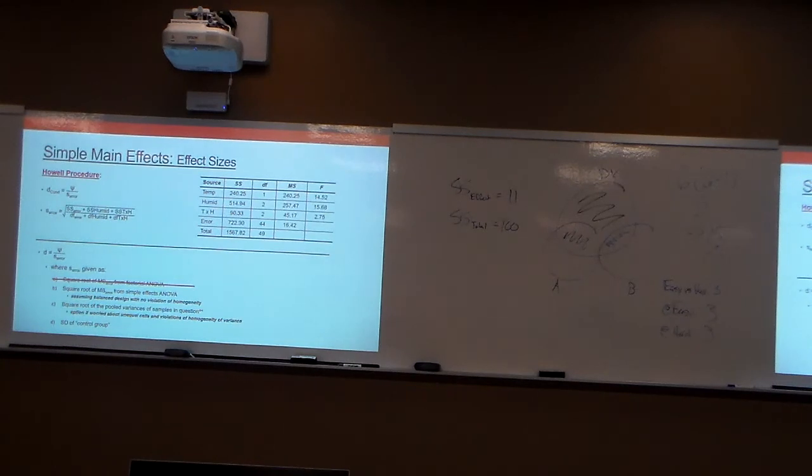Or what we could do, if I have unequal cells in addition to violations of homogeneity of variance, is just take the square root of pooled variances from whatever cells are involved in the comparison and the contrast that I'm making, right? We could also do that. Or standard deviation control group here.